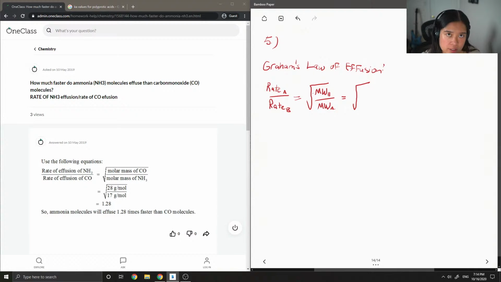Okay, so next we're just gonna sub in the molar masses of ammonia and carbon monoxide. So I'm just gonna write them over here. For NH3, its molar mass is 28.01 grams per mole. And then the molar mass of carbon monoxide is around 17.03 grams per mole. Okay, so I'm just gonna sub those values in.